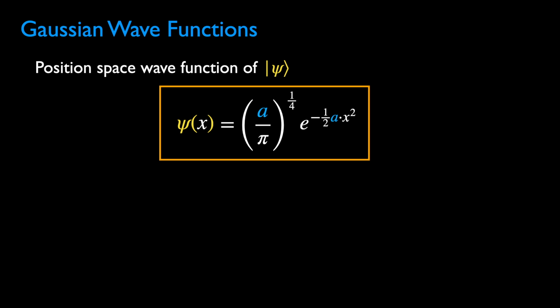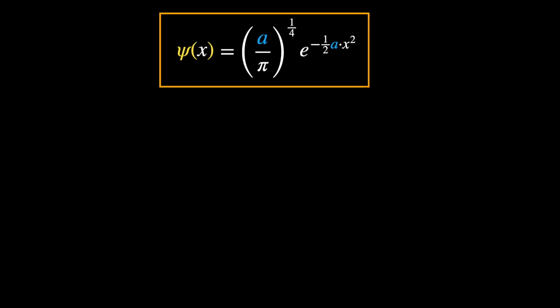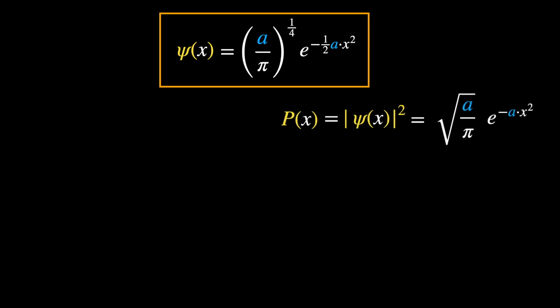A question we may ask is, what is the significance of the constant A? To find out, let's evaluate some statistical quantities of the distribution and see how they are related to A. We put the distribution here for easy reference.